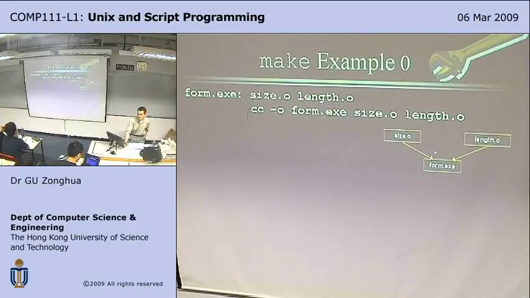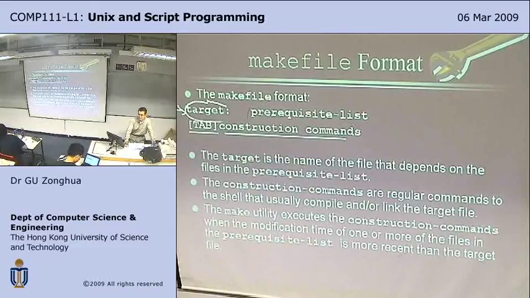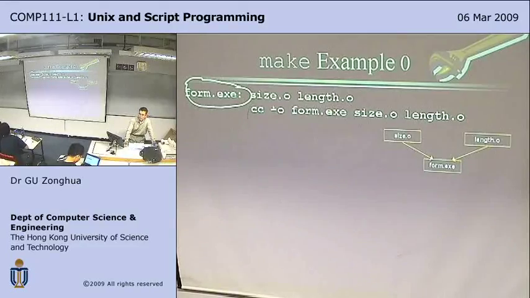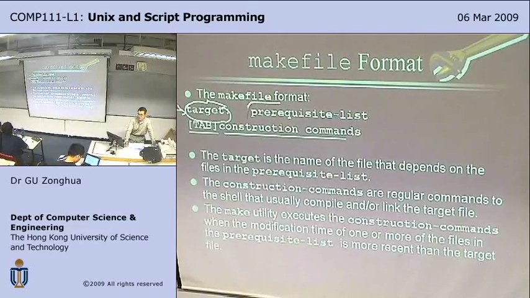So suppose you have this dependency here: form.exe depends on size.o and length.o, by linking these two object files together to form an executable file. So you say form.exe, that is the target file, colon, size.o, length.o, that is the prerequisite list.